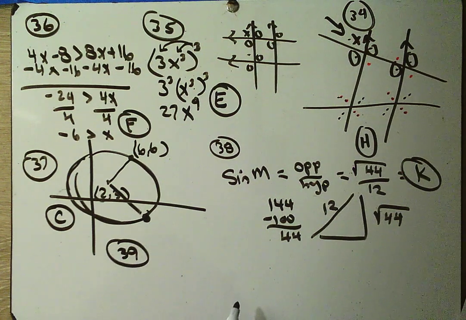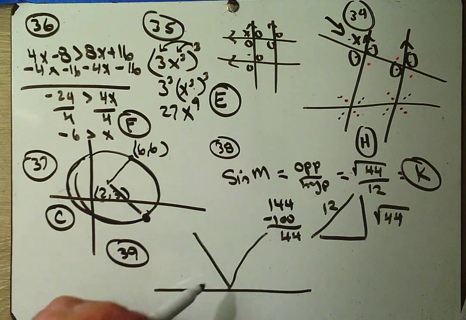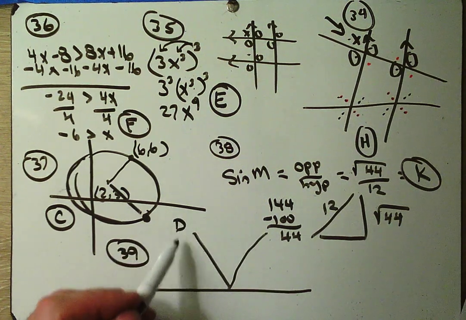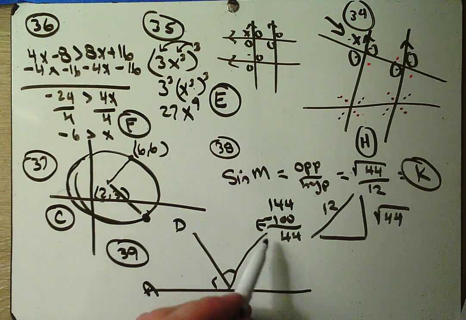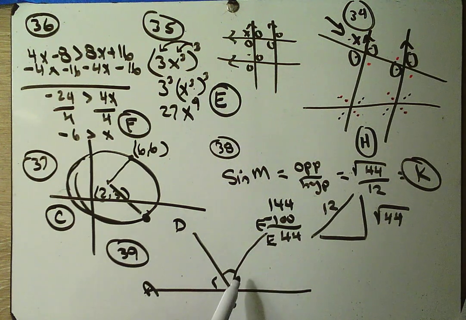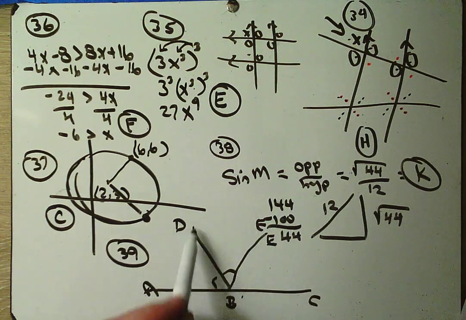39. In the figure below, B lies on AC. BD bisects ABE. Okay, I'm going to start drawing this. BD bisects ABE. So I know that this is equal to this. And BE bisects CBD.